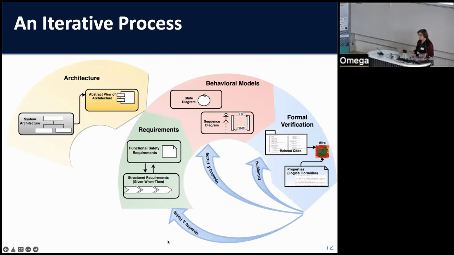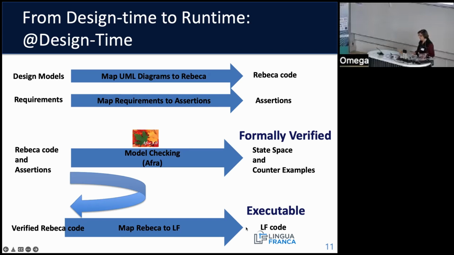And then we also map it to Lingua Franca, which is a wrapper over several languages like C++ or ROS that is executable. So you can run it on your PLC or on your robots.